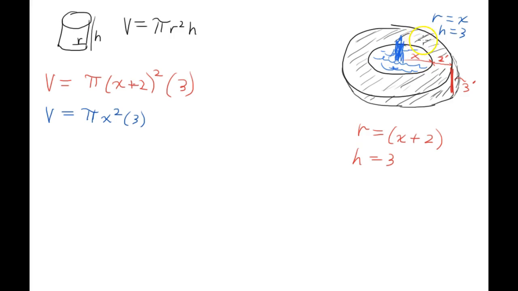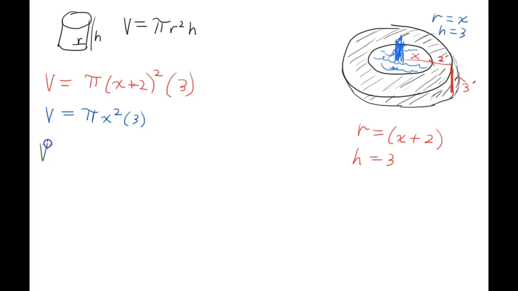Okay, so if we just want the volume of the donut without the hole, or that is the volume of the concrete here, we're going to take the entire volume minus the volume of what has been removed here. Okay, let's do it.